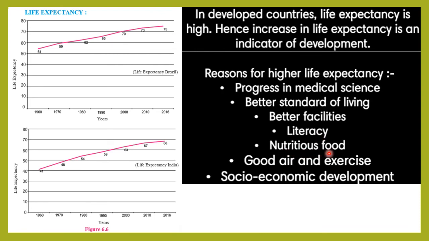Nutritious food. We get nutritious food, but today's children, as we all know, like junk food. Sandwiches, burgers, pizzas, all these are junk food which can make the children malnourished.